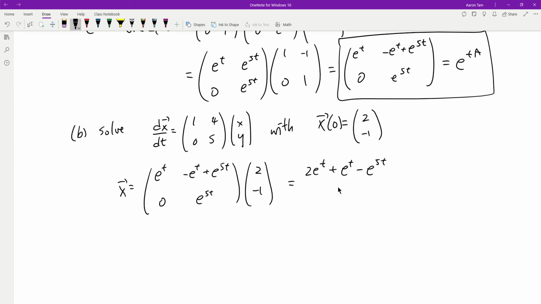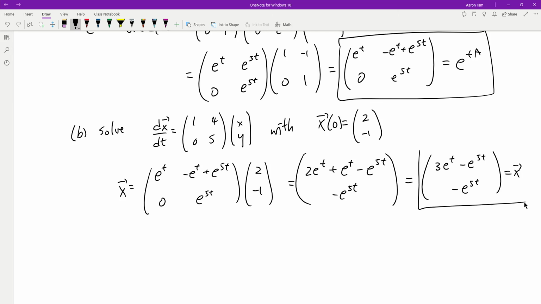And then this multiplied by this will be negative e to the 5t. So if I look at this correctly, that tells me it is 3e to the t minus e to the 5t, and then negative e to the 5t. That will be my answer, vector x.